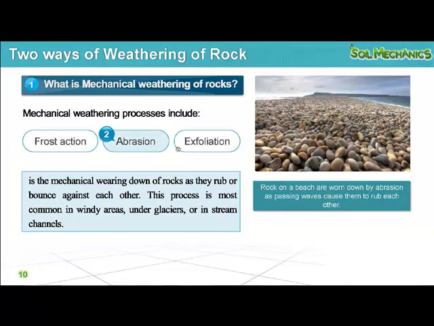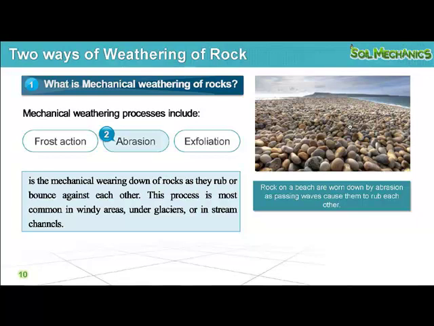Abrasion. You can see in the picture, the rock aggregate becomes rounded. So abrasion is the mechanical wearing down of rock as they rub or bump against each other.